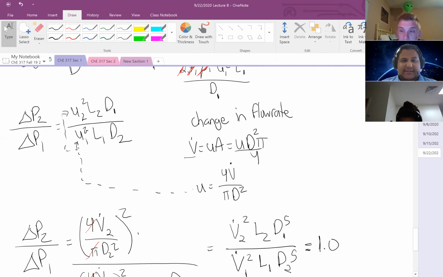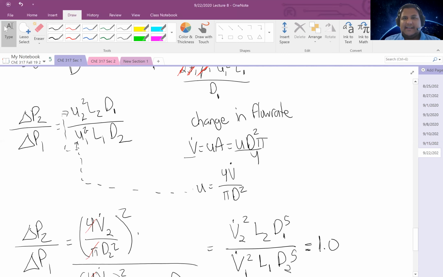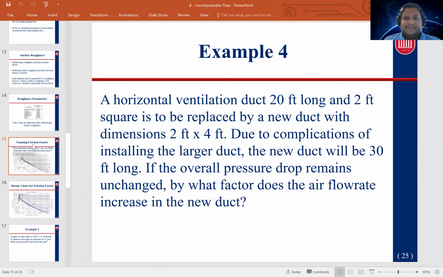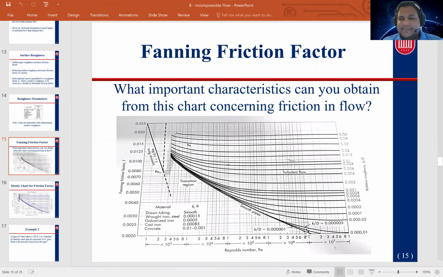But what I can do in certain cases, now, if I'm honest, these are some assumptions that would probably be best to double check. But if we remember from our friction factor chart, if the flow is sufficiently turbulent, which is usually when you start approaching 10 to the 7th and beyond, the friction factor ceases to be a function of velocity.